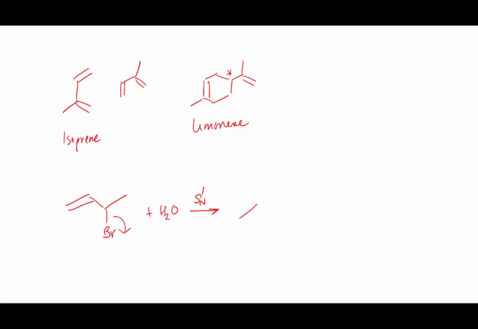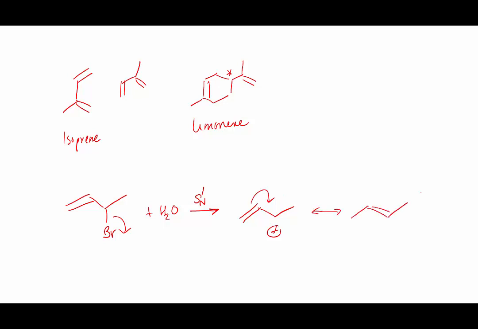So my bromine's going to leave. So there's my carbocation. What kind of carbocation is that? Secondary and allylic. So what should I do next? Draw the resonance structure for it.